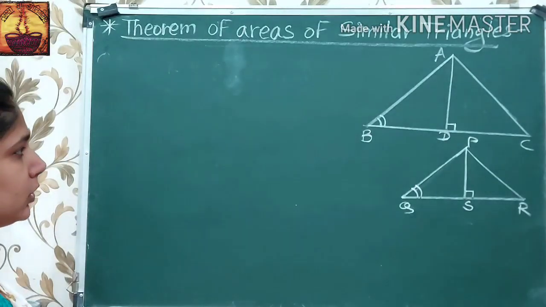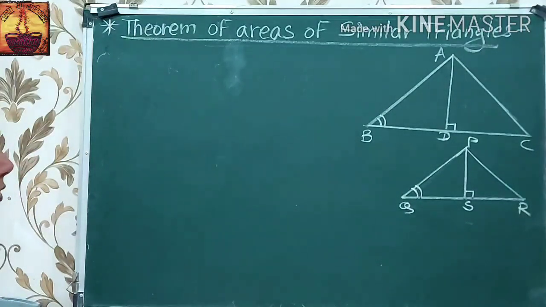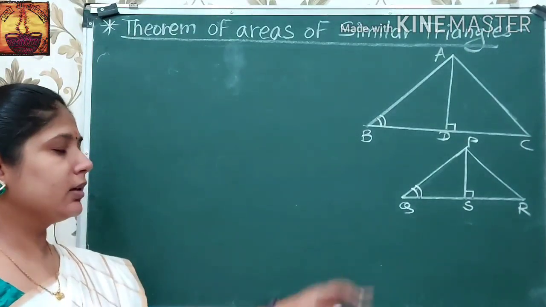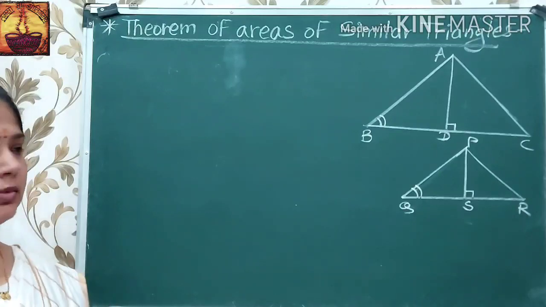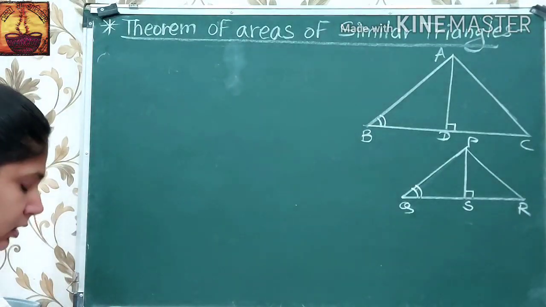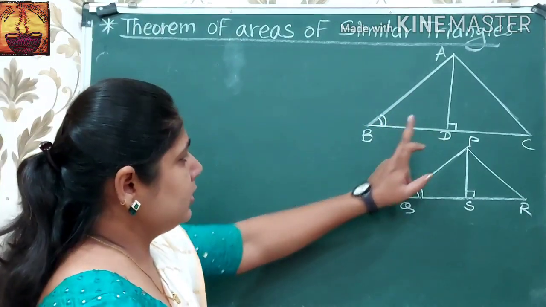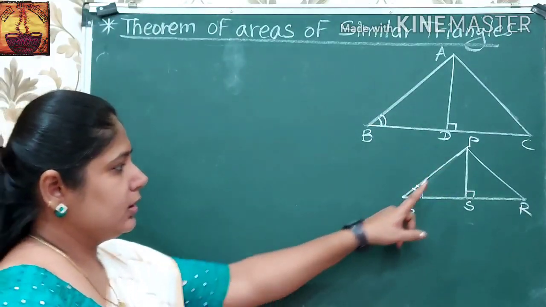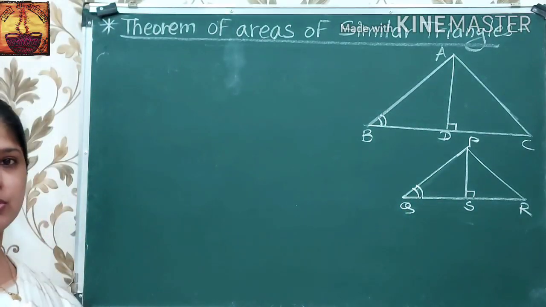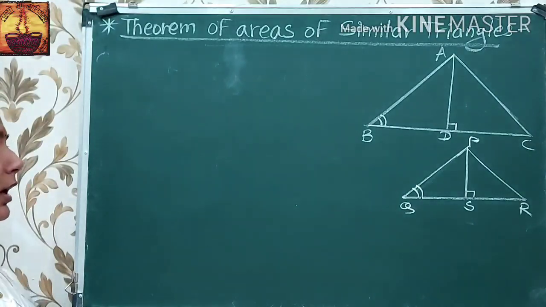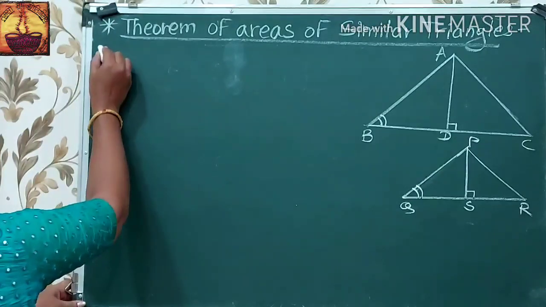We have here two figures of two similar triangles, triangle ABC and triangle PQR, where AD is perpendicular to BC and PS is perpendicular to QR. Therefore, write it in the given part.